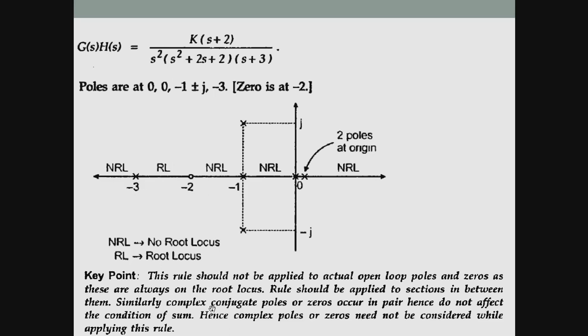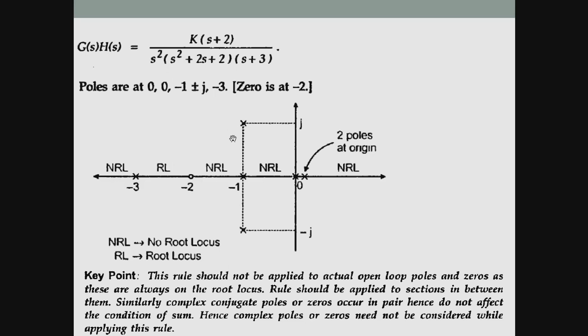So what is the key point here? This rule should be applied to the actual open loop poles and zeros, to the sections in between them. Similarly, complex conjugate poles or zeros occur in pairs and hence do not affect the condition of the sum. Hence complex poles or zeros need not be considered while applying this rule.